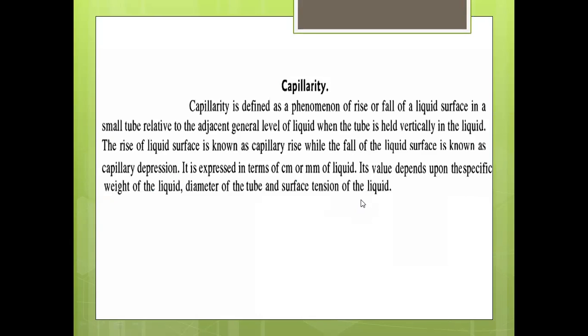Now, our next fluid property is capillarity, right? So, can anyone tell the definition? Does anyone remember the definition of capillarity?